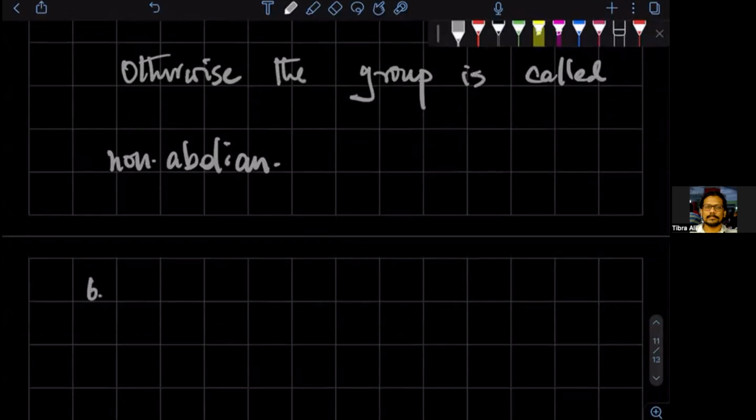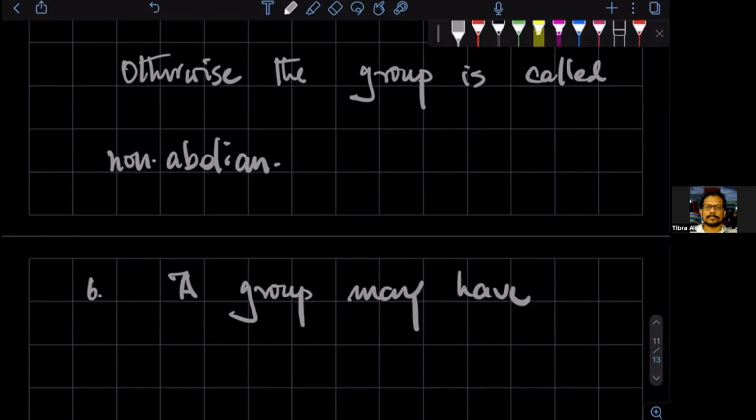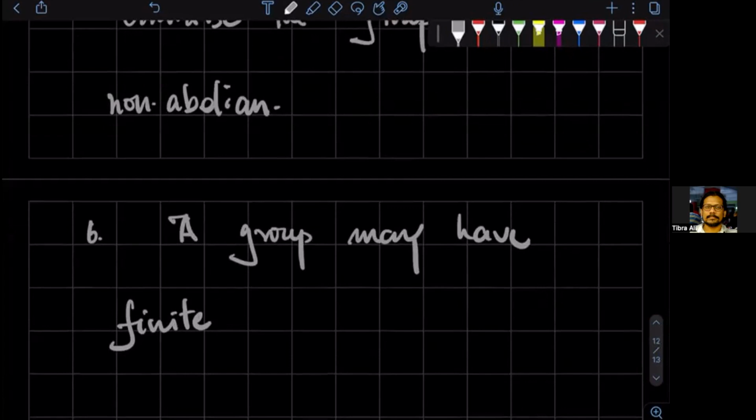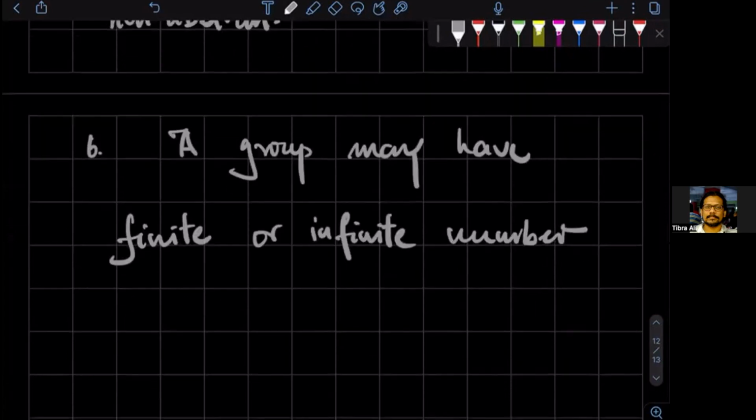So number 6 is that a group may have finite or infinite number of elements. Okay?